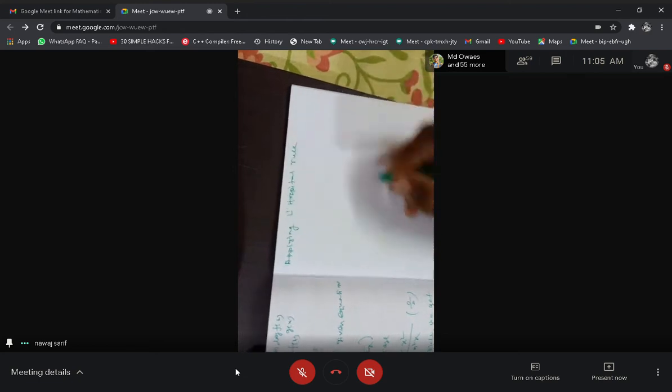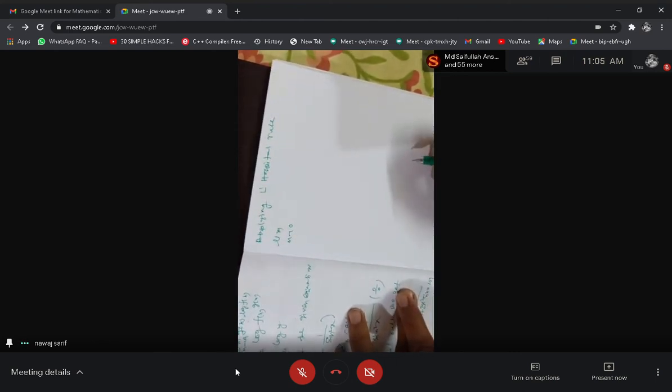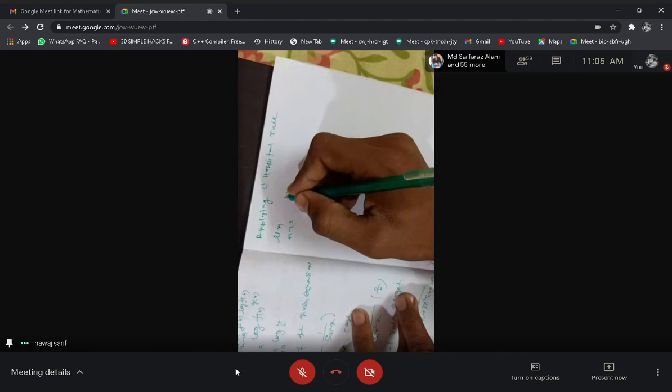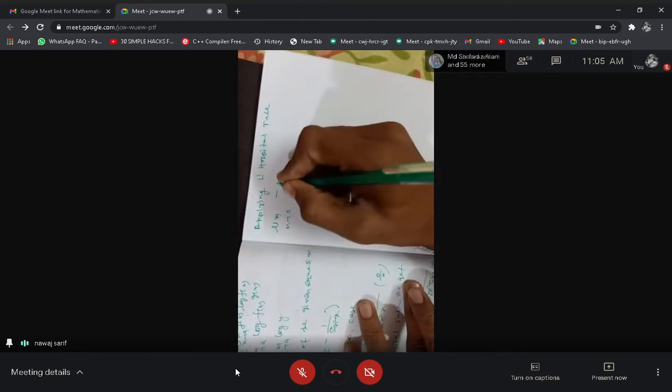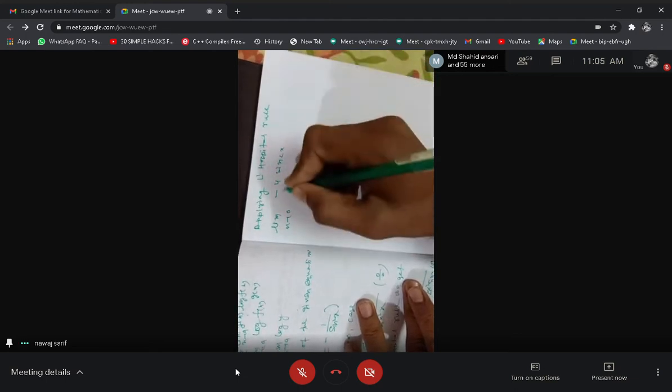Okay, limit x tending to 0. So what will be the numerator? Numerator is minus 4 sine 2x, and the derivative of minus 2 is 0. Now see the derivative of the denominator.